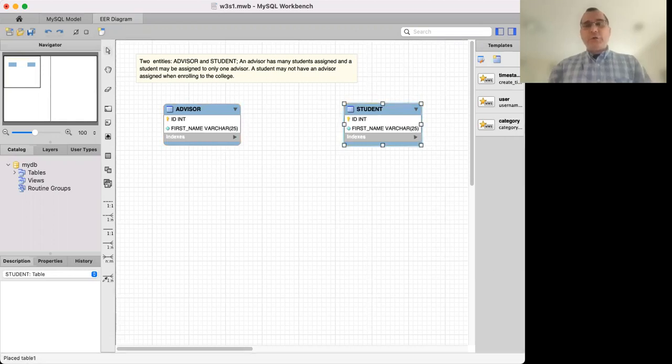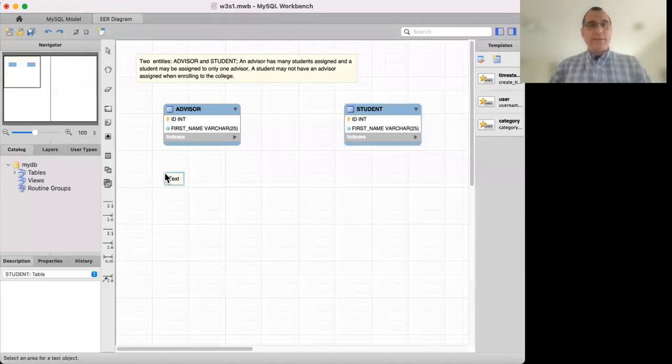First, I need to look at one advisor. I'm looking at just one advisor, and I am asking myself, at a specific advisor instance, how many students might be in a relationship with this particular advisor? Sure, it will vary depending on the specific advisor, but this is the main idea that I want to answer first, and I will write it here so it's clear.